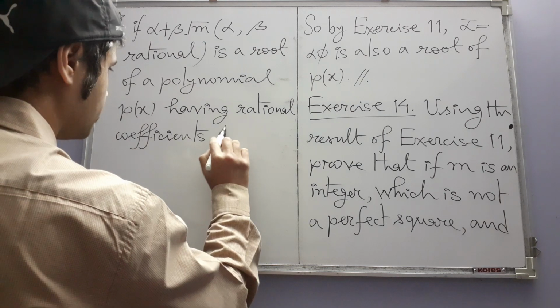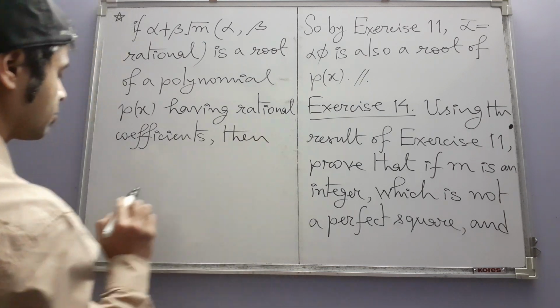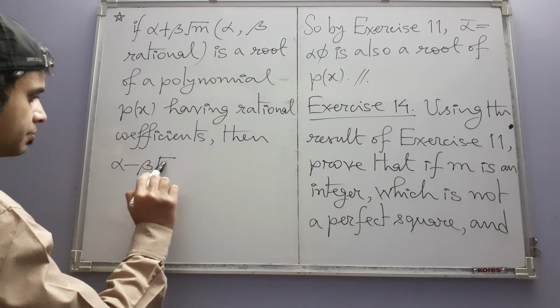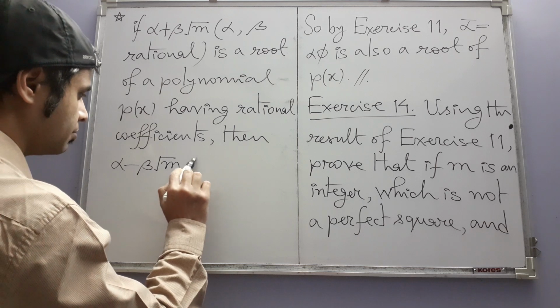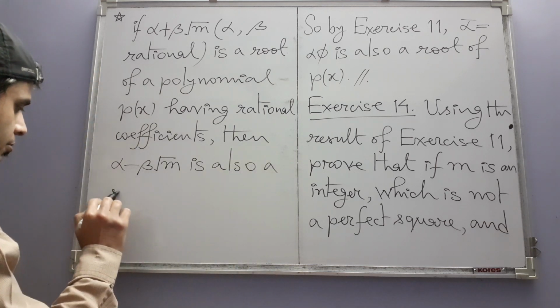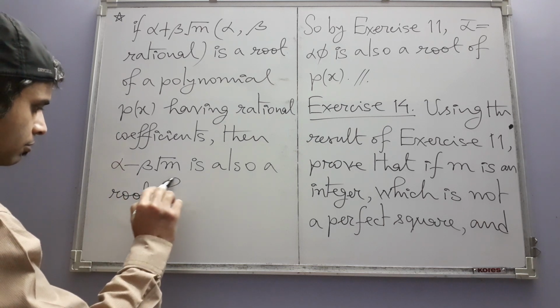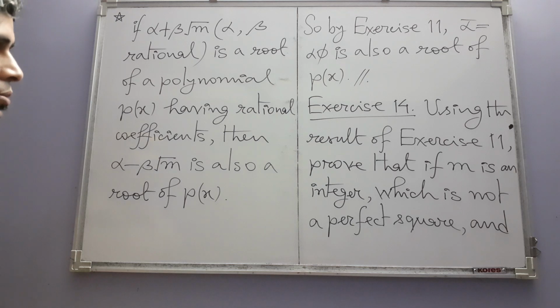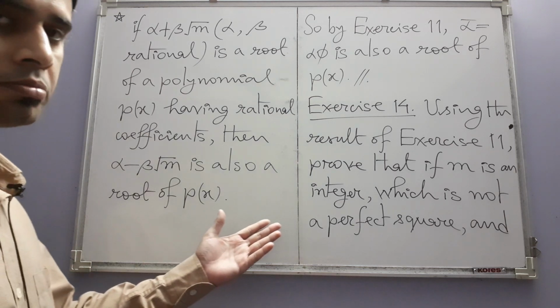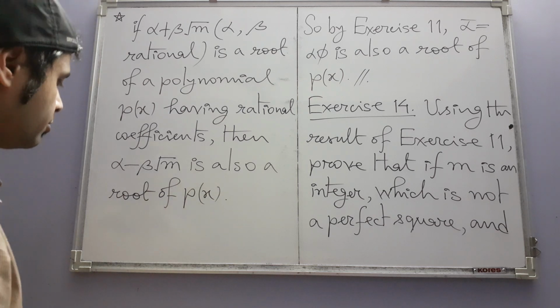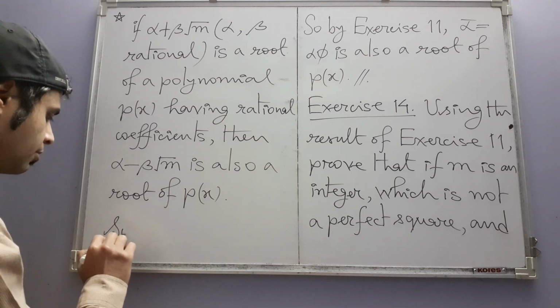Then alpha minus beta times root m is also a root of p(x). And from the previous exercise, from the previous solution, you know what you have to do.